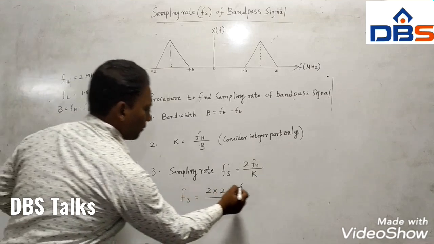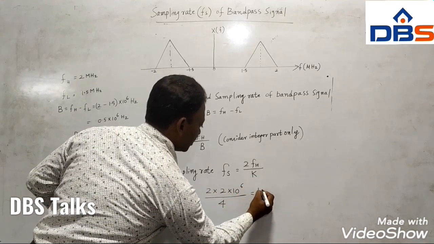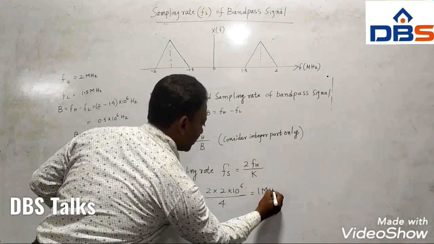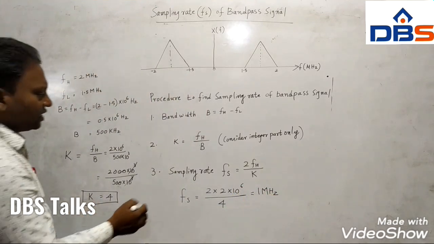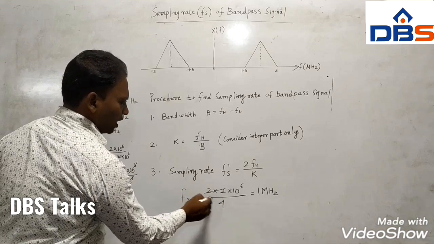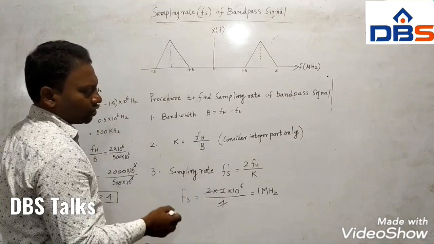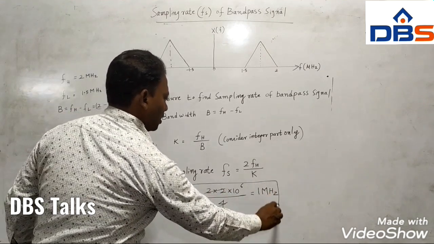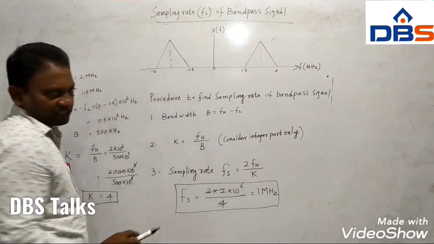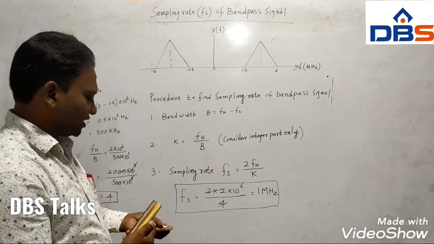So what will you get? 1 megahertz, or 1 into 10 power 6 hertz, because 2 into 2 is 4 and this 4 gets cancelled. That is called 1 megahertz. Now this is the sampling rate of a band pass signal.